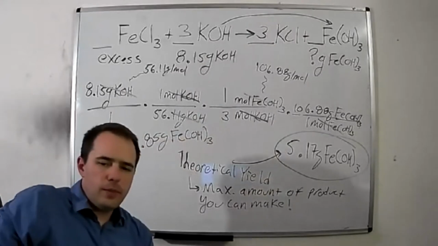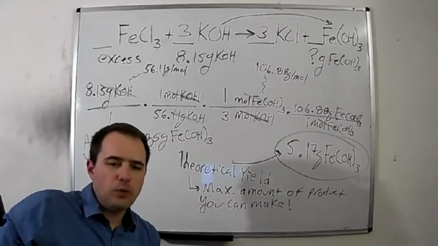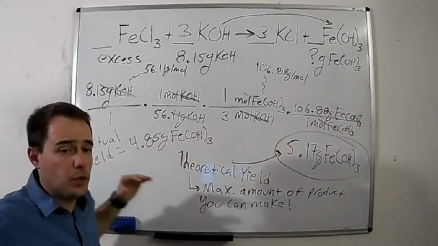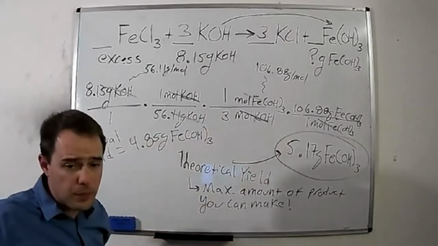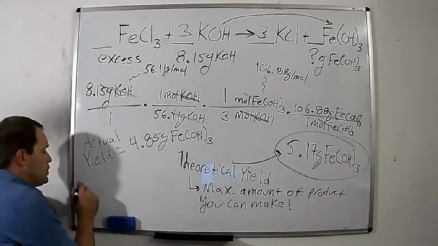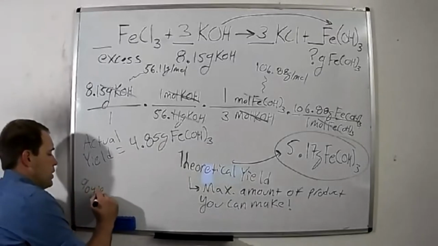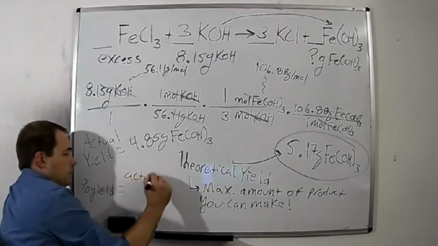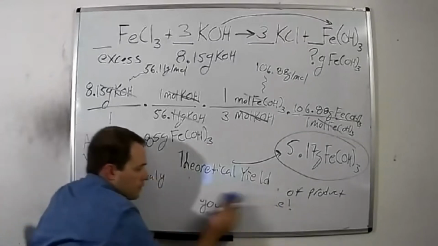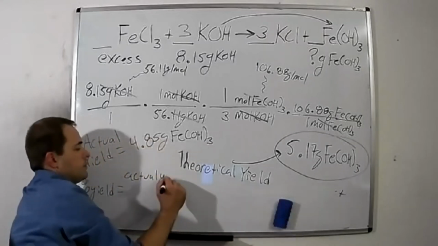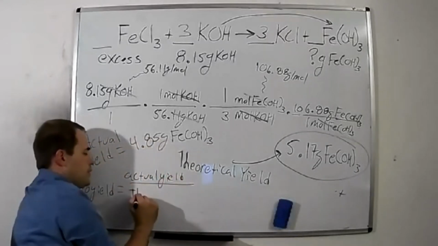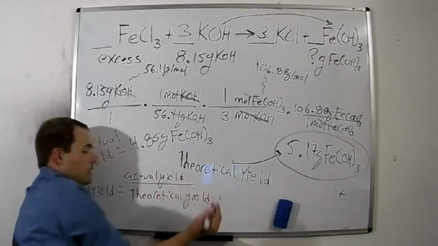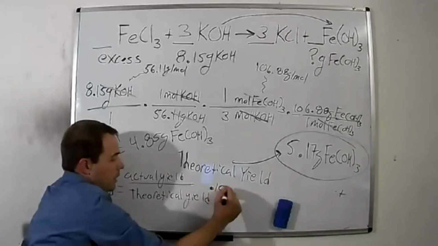So now we chemists have come up with a way to evaluate how good a reaction is by comparing the actual yield to the theoretical yield. This is called percent yield. You're going to have to memorize this equation. The percent yield for a chemical reaction is equal to the actual yield divided by the theoretical yield, and then since it's a percent, you multiply by 100.